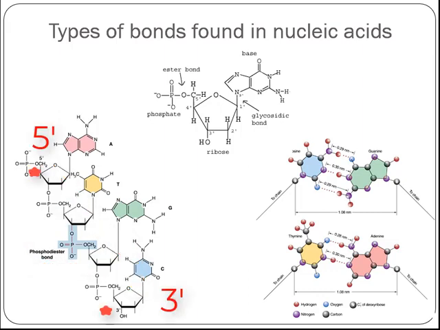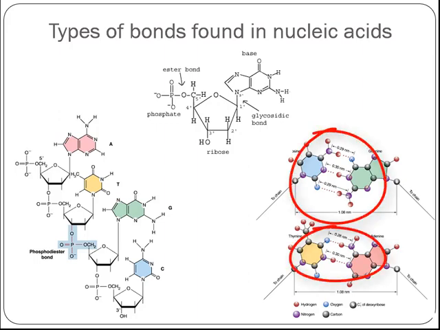In addition to the covalent bonds present in nucleic acids, we can also have hydrogen bonding. Hydrogen bonds exist between the nitrogenous bases of two strands of nucleic acids, often ascribed to DNA, although we can see base pairing and hydrogen bonding in non-helical RNA structures as well.